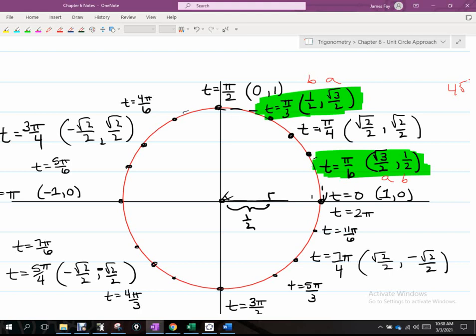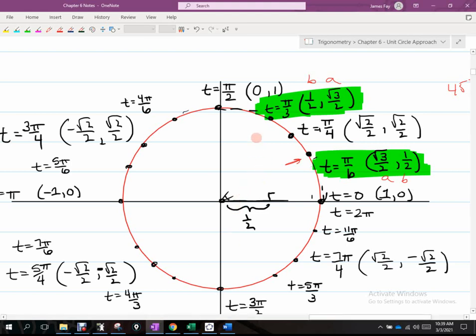What line did we put in there? Y equals x, right? Isn't this point 15 degrees below y equals x? And this one's 15 degrees above y equals x on the unit circle? These 2 points are reflections of one another across the line y equals x. They're inverse points. Okay? And there's a lot of relationships that we're going to see here in a little bit that allow us to maybe build on that.